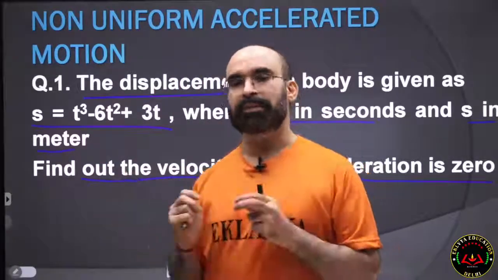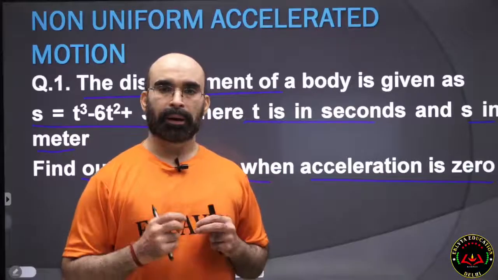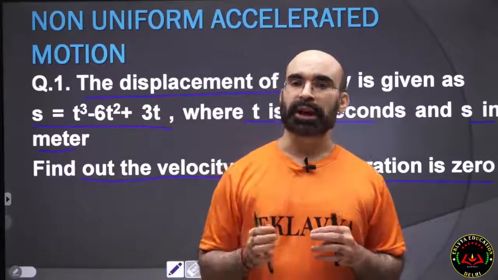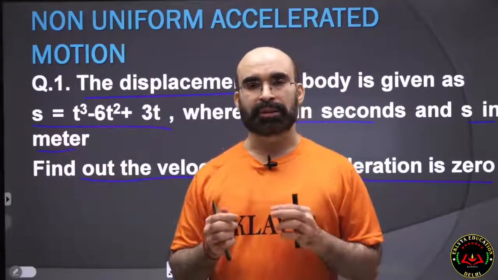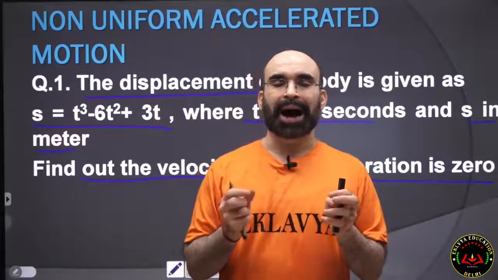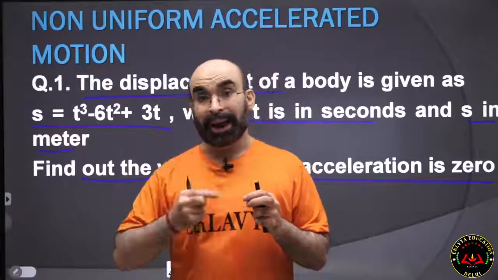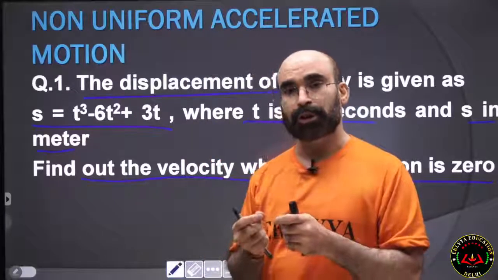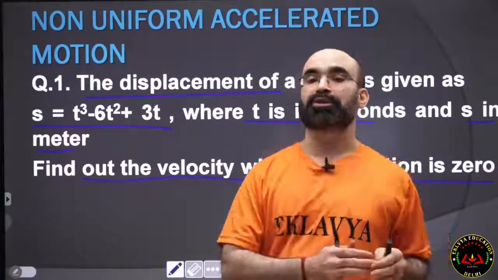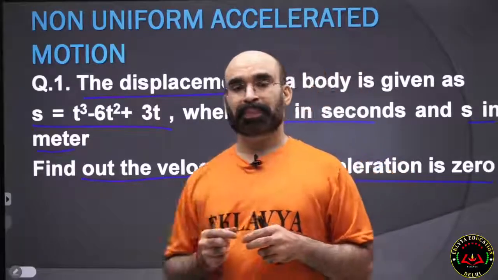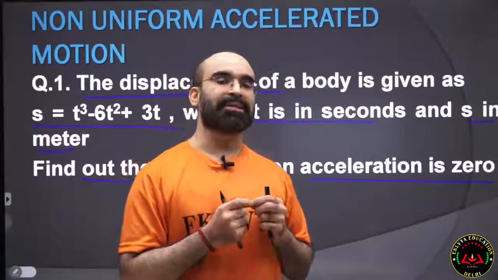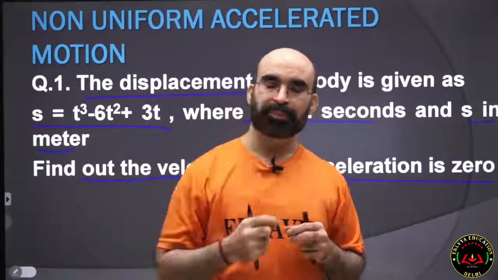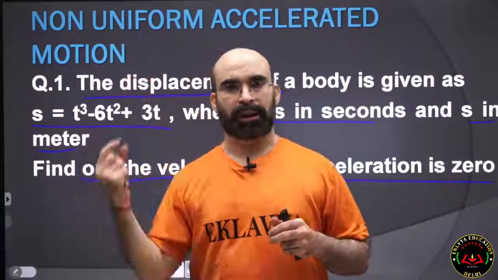I have taken this question intentionally in today's session just to differentiate how and when integration is used and when differentiation is used. Here, the situation is this: we have displacement and we have to find out the velocity.